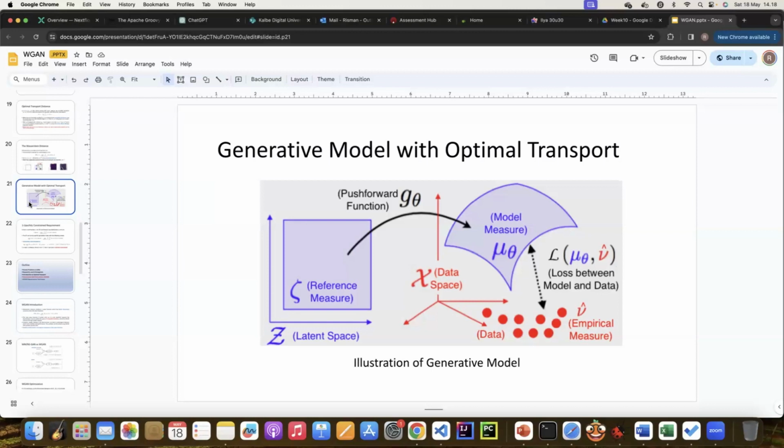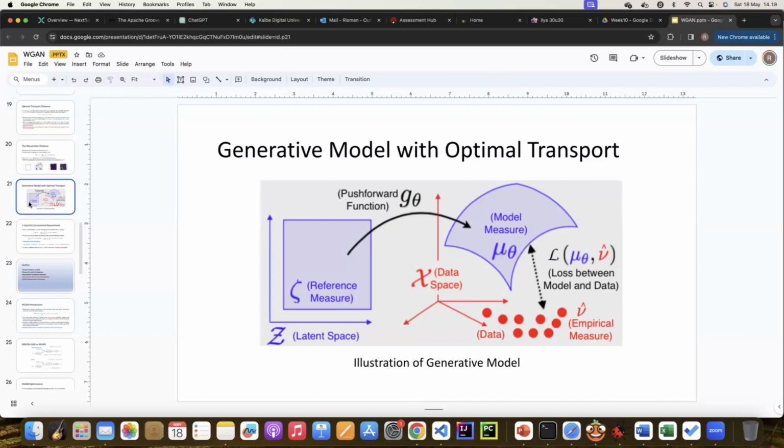From Z, we put it into the generator, and it will generate mu theta. Why mu theta? Because it has a push forward function with parameter theta. So we can say the model measure, or model probability distribution, is mu theta. By analogy with the previous P and Q, you can say that mu theta is the P.